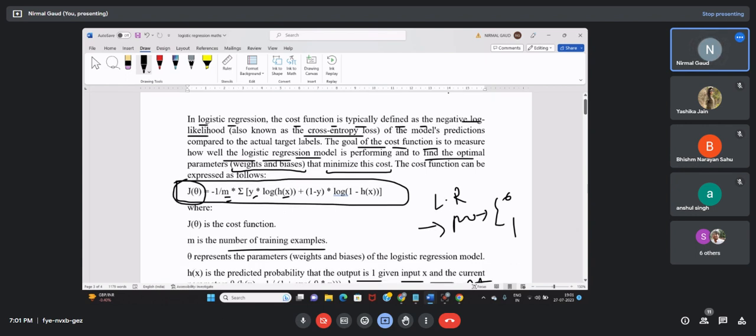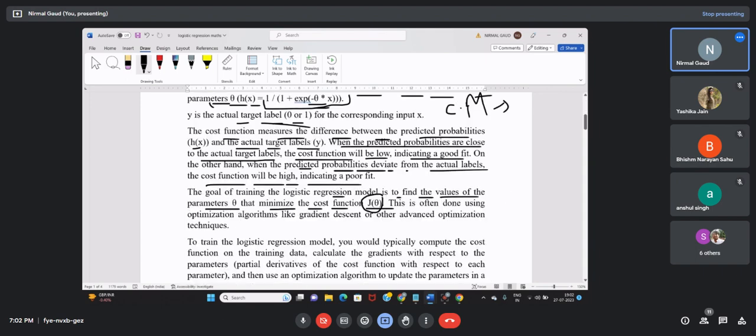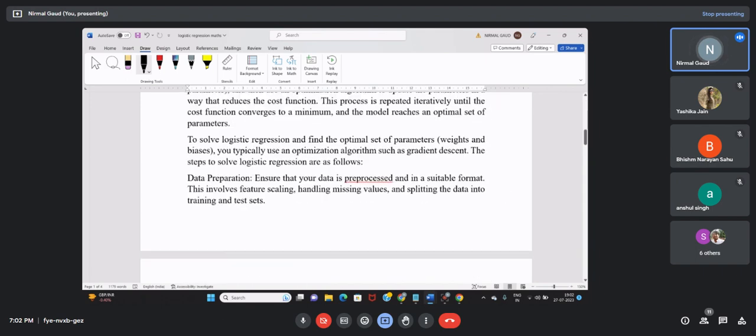Here, the cost function is typically defined as the negative log likelihood, also known as the cross entropy loss of the model. So why does this happen? What is your idea?